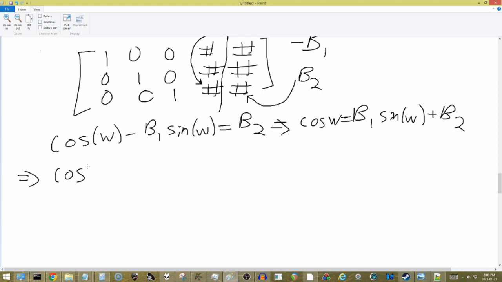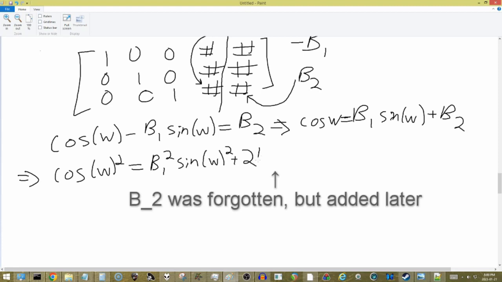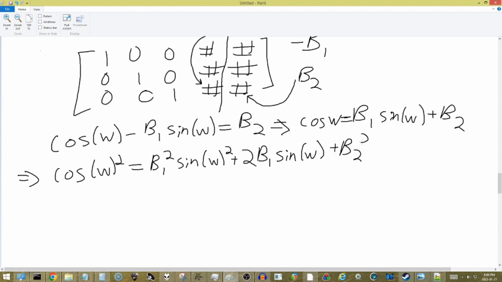cosine w squared equals b1 squared sine w squared plus 2b1 sine w plus b2 squared, and that is equal to, if we look at this here, cos squared is equal to 1 minus sine squared, 1 minus sine w squared.